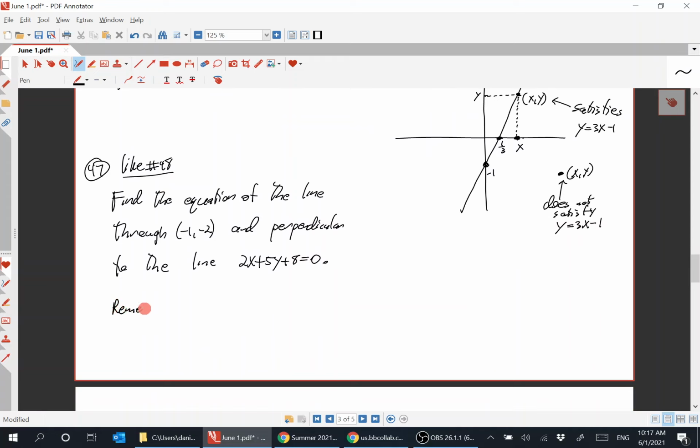So remember, two lines are perpendicular when their slopes, m and n, satisfy, well, when one has slope m and the other has slope -1 over m, i.e. negative reciprocals.